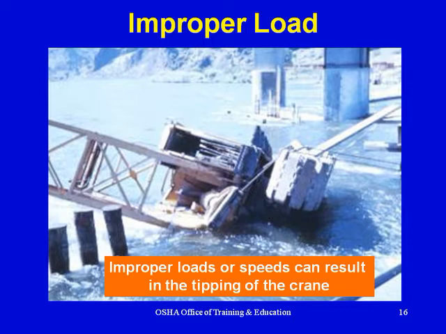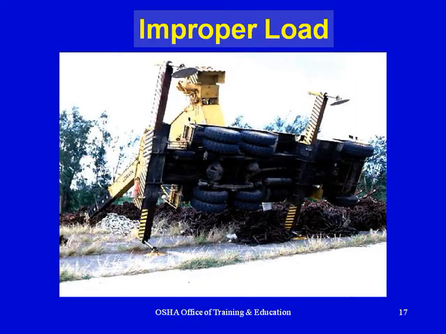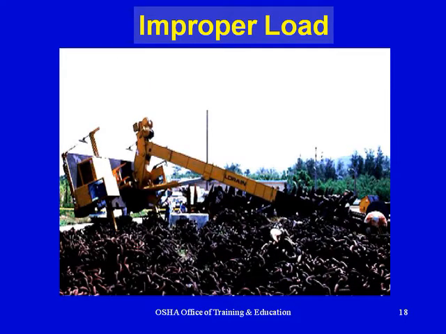Improper load. Improper loads or speeds can result in the tipping of the crane, as seen in the slide presented. Another example of improper load. Additional example of improper load.